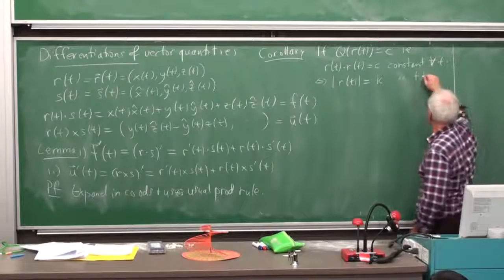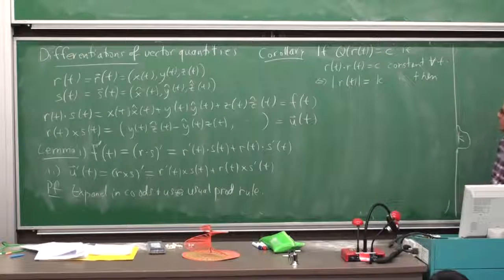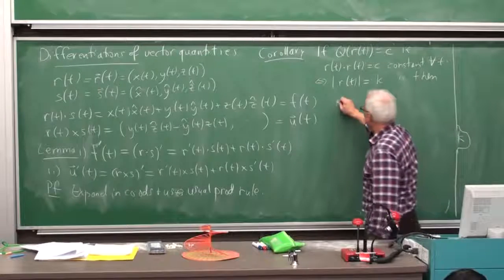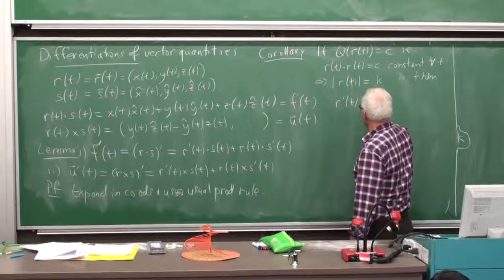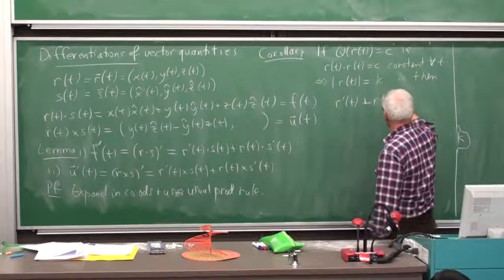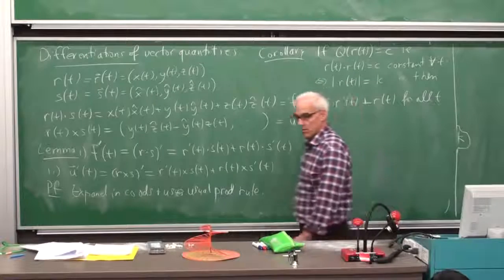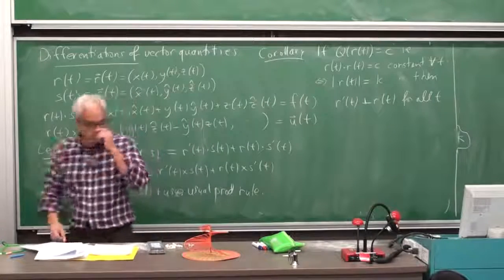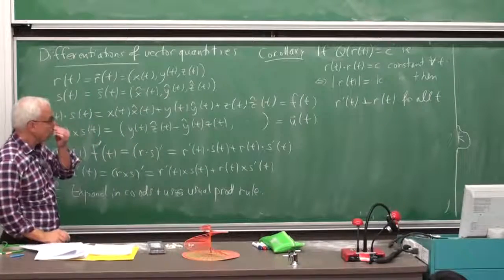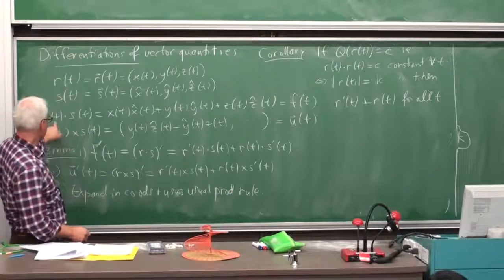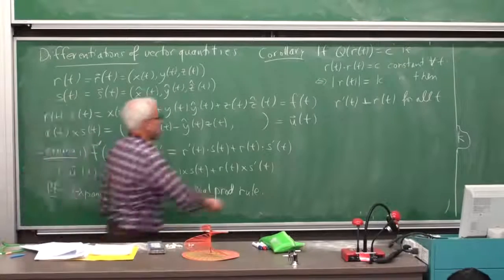Then r prime of t is perpendicular to r of t for all t.